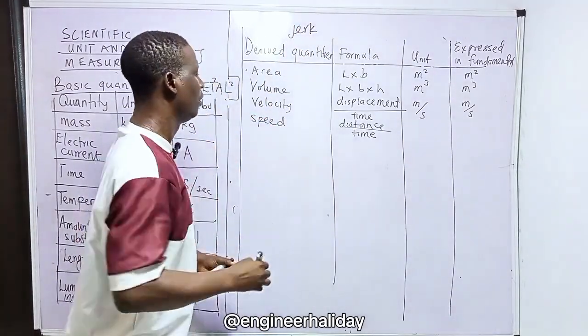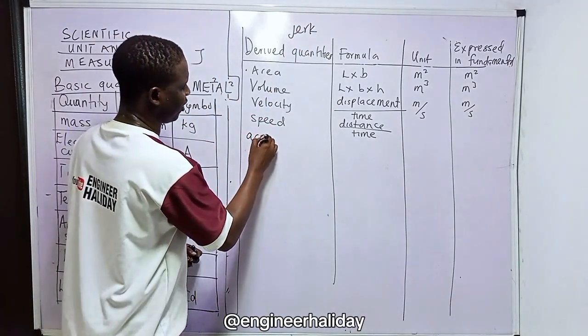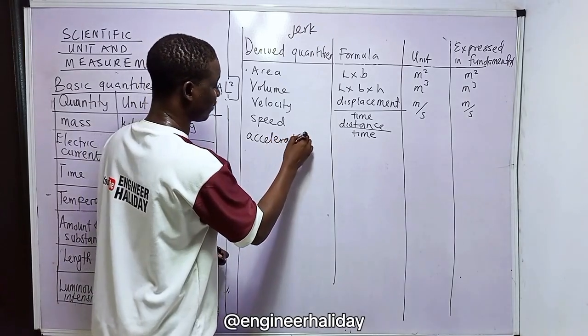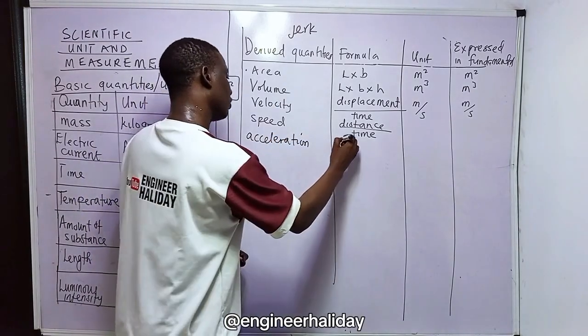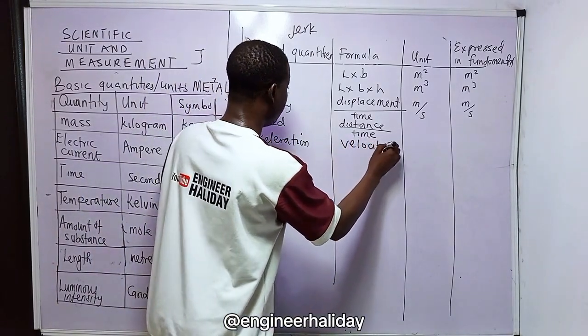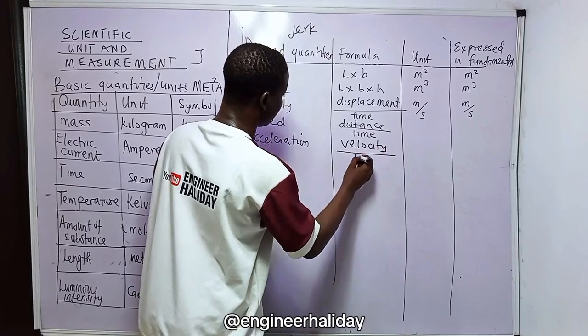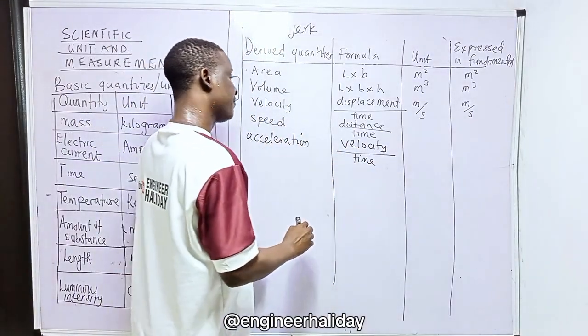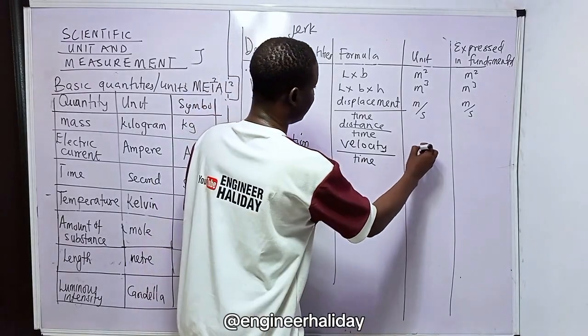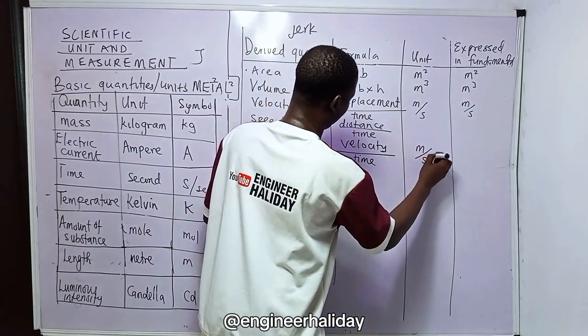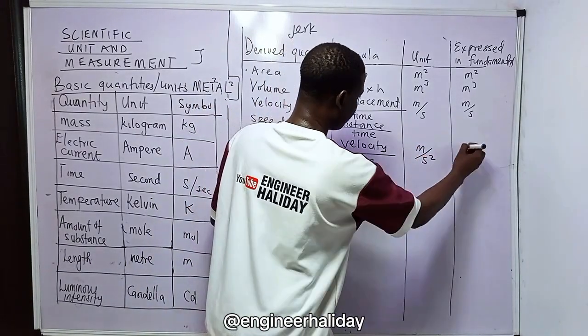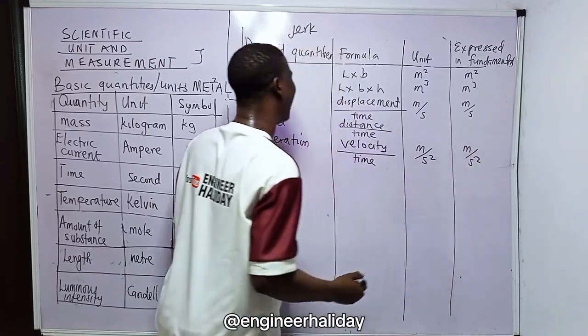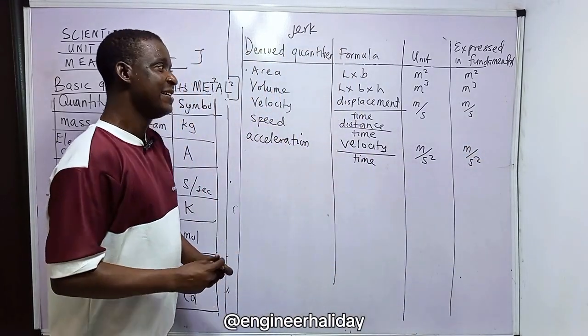J-E-R-K. Now, let's go to acceleration. It's a very interesting class which I want you to learn a lot from. So this one is velocity. Most persons do not understand physics because of the foundation. So velocity divided by time is equal to acceleration, which is meter per second squared.